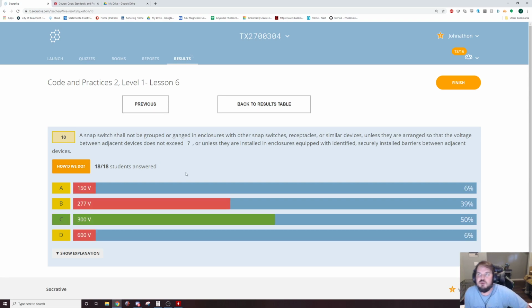So that means there's no way to touch 2 things and get 300 volts. You can't put them together. Basically, you can't put 2 different phases in the same box, or a high voltage phase and a low voltage phase. You have to pay attention to what voltages are available in that box. You can't just say it's all 120 volts, because there could be instances with 3-phase systems where you can get it up high.